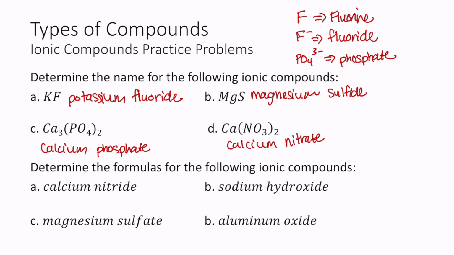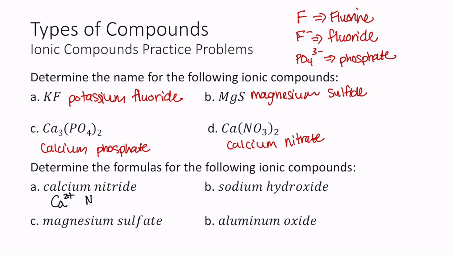All right, how did you do? Now, determining the formulas are a little bit trickier. So you're going to really have to become best friends with your periodic table. So in this first one, we have calcium nitride. So calcium is Ca. It is in group 2. So I know it's going to have a Ca with a 2 plus charge.